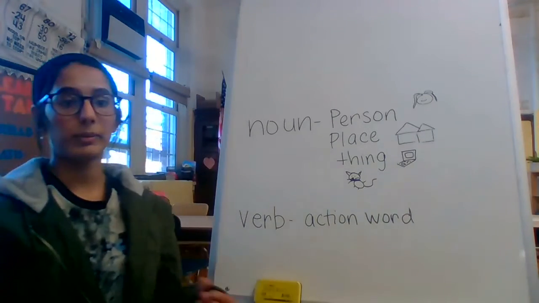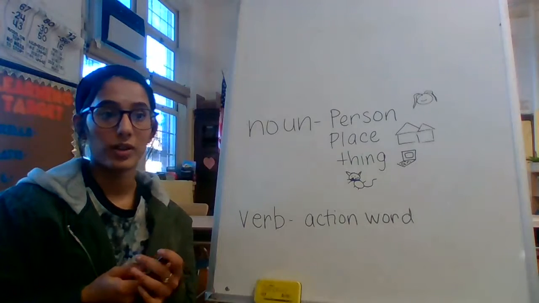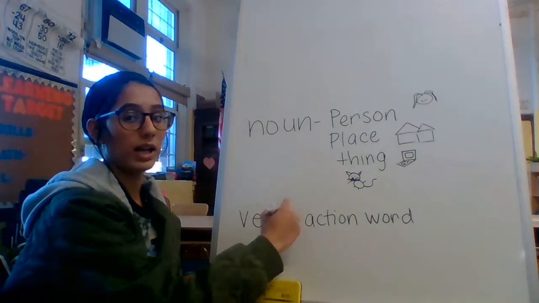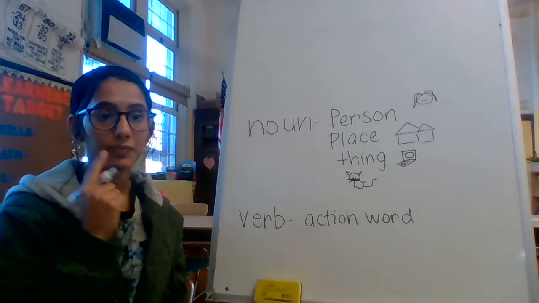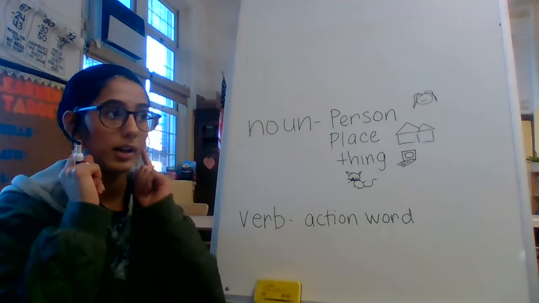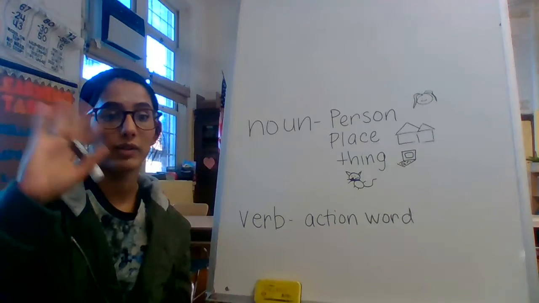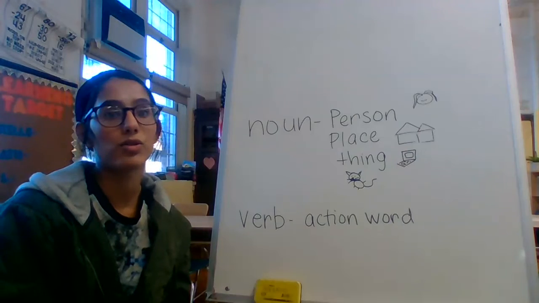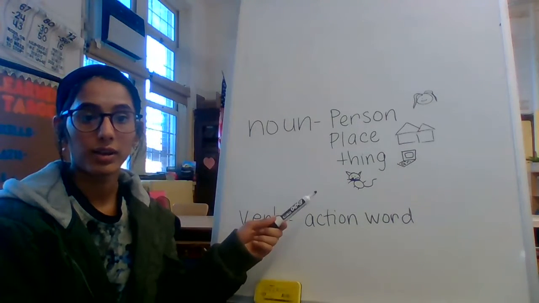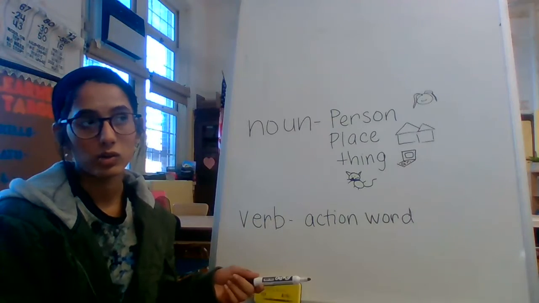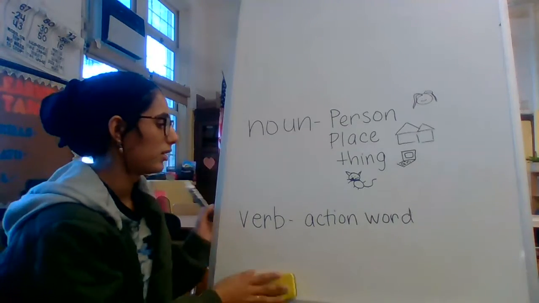So that just basically means it's something that you do. So right now, I'm writing, right? That's something that I'm doing. I'm speaking. I'm blinking. I'm listening. Waving, jumping, running, anything that you do is a verb, okay? So noun is a person, place, or thing. Verb is an action word, something that you do.